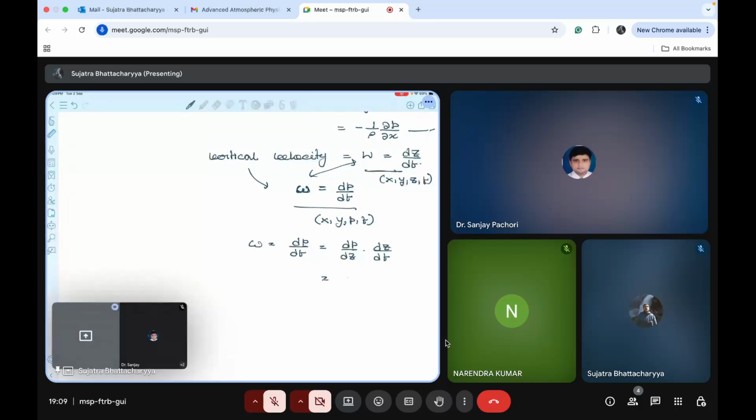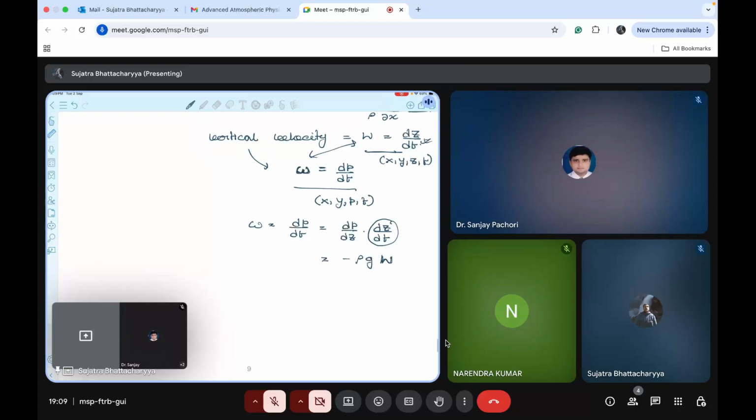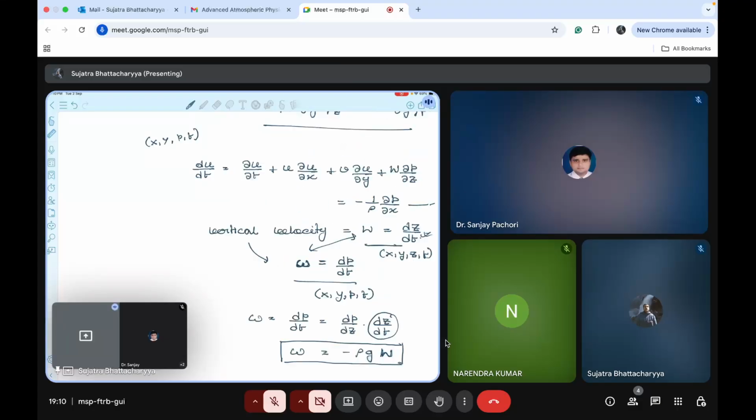What is dp dz? Your hydrostatic approximation again comes. dz dt is what? This is w, the vertical speed, velocity. So omega is related to w by this relation. All right, this is one thing which you must know.